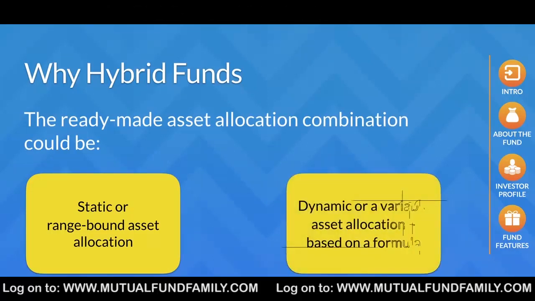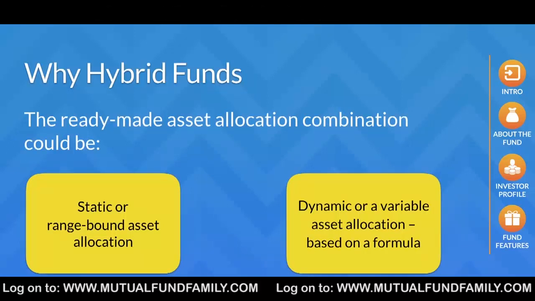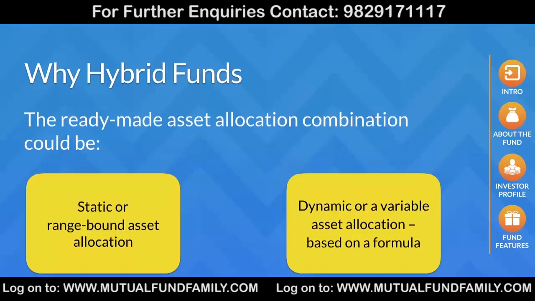Or B, a dynamic or variable asset allocation, which uses a formula or strategy like, say, price-to-earning ratio to allocate across asset classes. These funds swing between an equity orientation and a debt orientation depending upon the value of the formula.